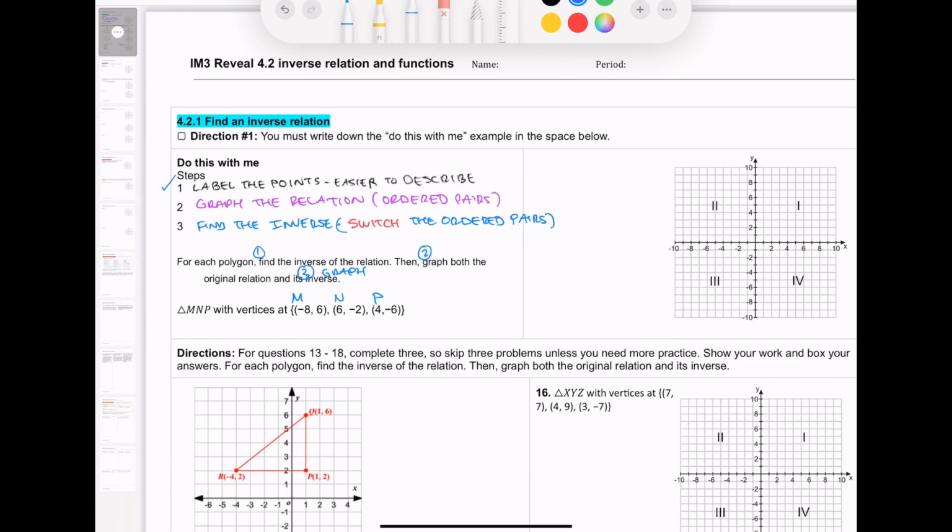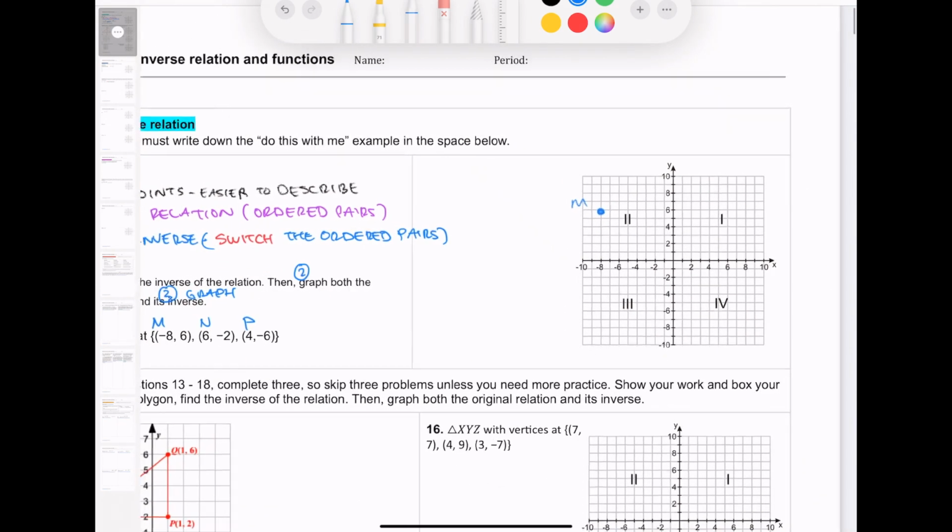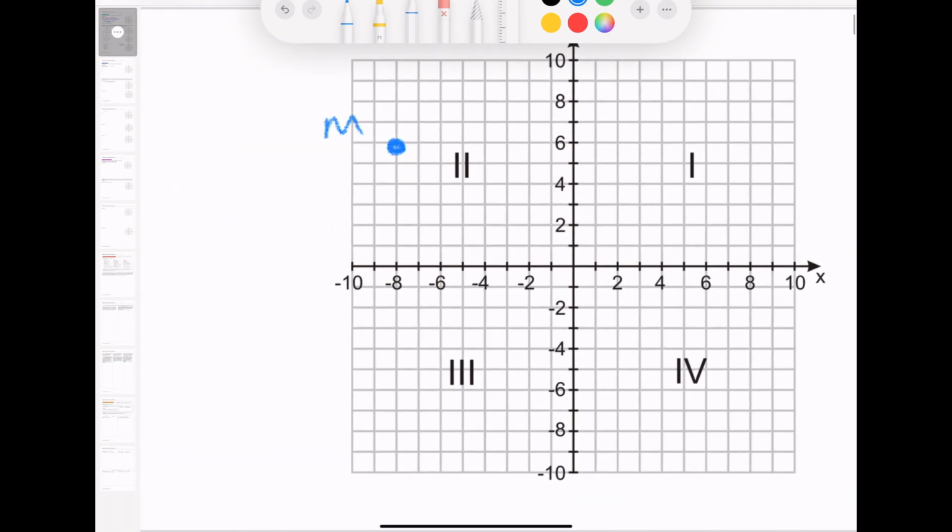M is -8, 6. So -8 left, and then up 6. This is point M. This is labeling. N, 6, -2. Right 6, down 2. This is N. And then P, right 4, down 6.